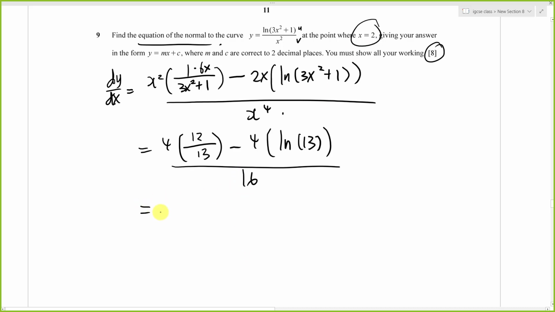Alright, so I will just type everything into the calculator. Give your answer in that form, m and c correct to 2 decimal places. So I believe I can leave my answer in 2 decimal places. Alright, so yeah, let's do it.